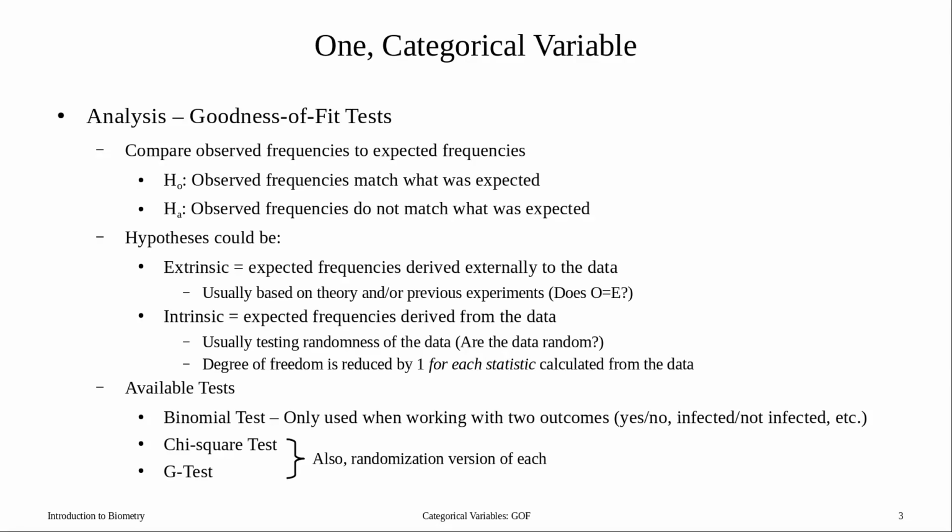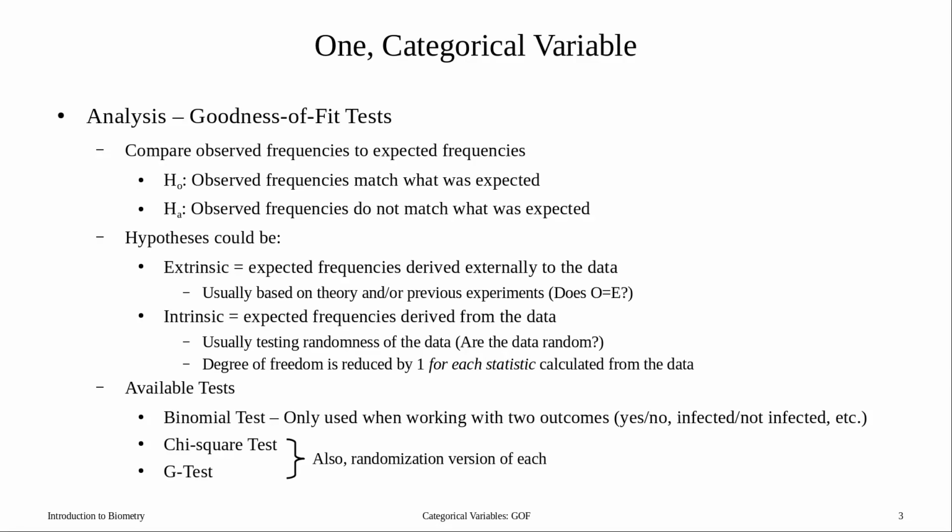The other type of hypothesis is an intrinsic hypothesis. An intrinsic hypothesis generates expected frequencies just like the extrinsic hypotheses, but with the intrinsic hypotheses, we had to calculate something from the data first before we can generate our expected frequencies. So the type of question that this would ask is usually, are the data random?